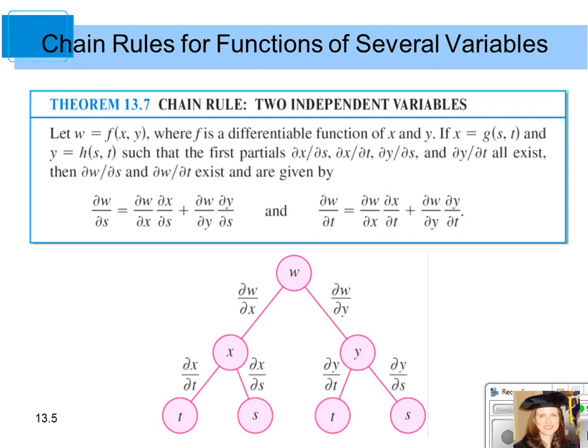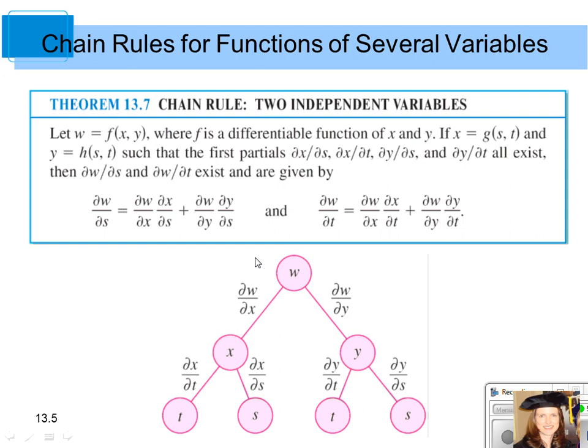Okay, so here's an example where we're using the chain rule, but we have two independent variables. W is a function of x and y, and x is a function of two variables t and s. Y is a function of two variables t and s. So we can find the partial derivative of this top variable w with respect to the bottom variable t by going down the branches, multiplying down the branches and adding the results.